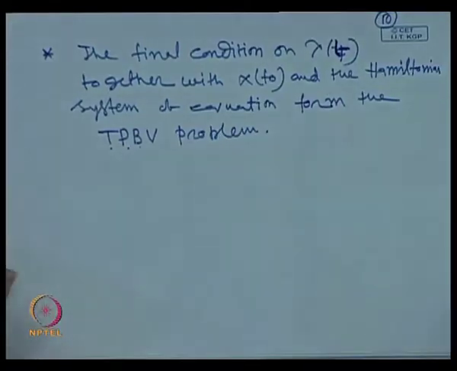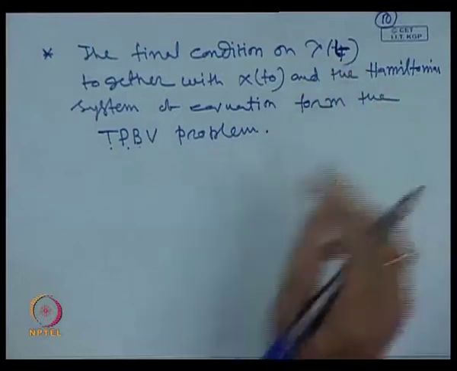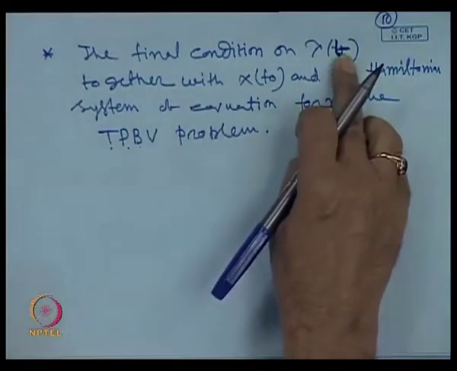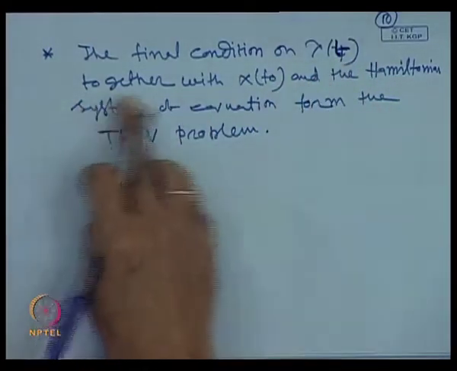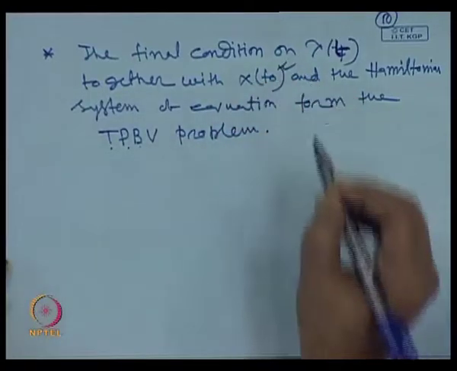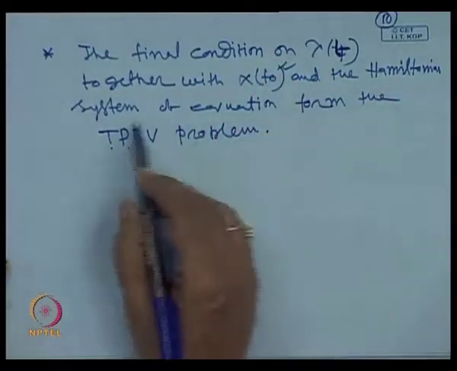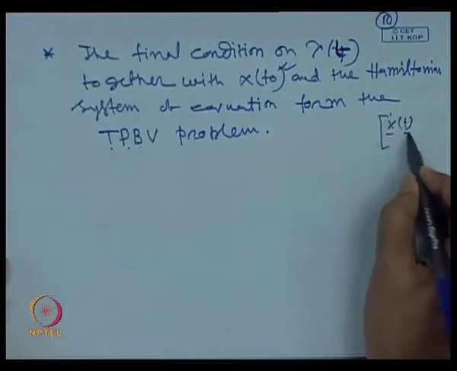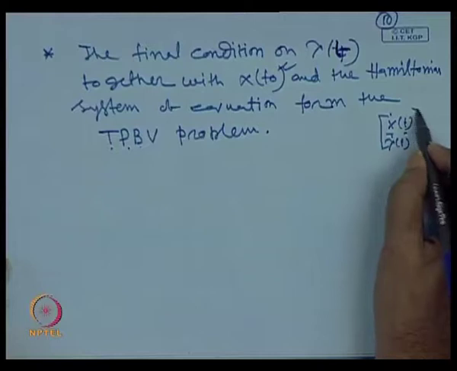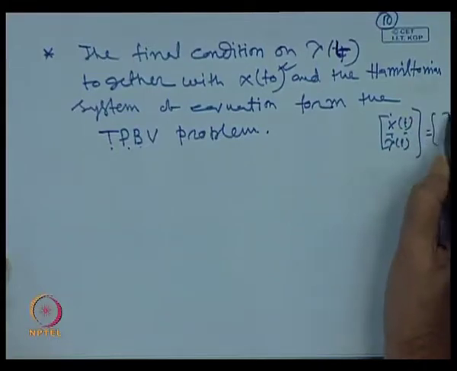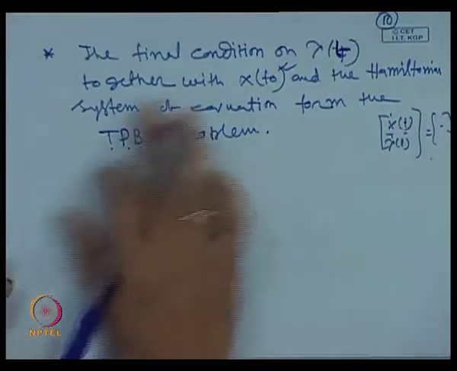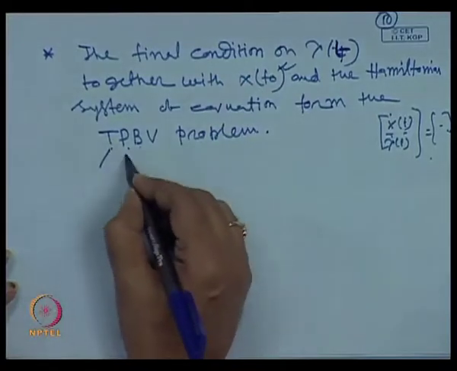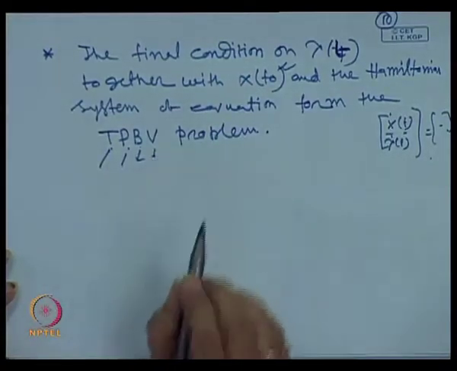So, we have to now solve this equation knowing the lambda t final condition at T f, together with the initial condition x t 0 and the Hamiltonian system. And what is the Hamiltonian system? X dot of t, lambda dot of t from this augmented system, the expression we got with this; we have to solve this. So, it is called a 2-point boundary value problem.